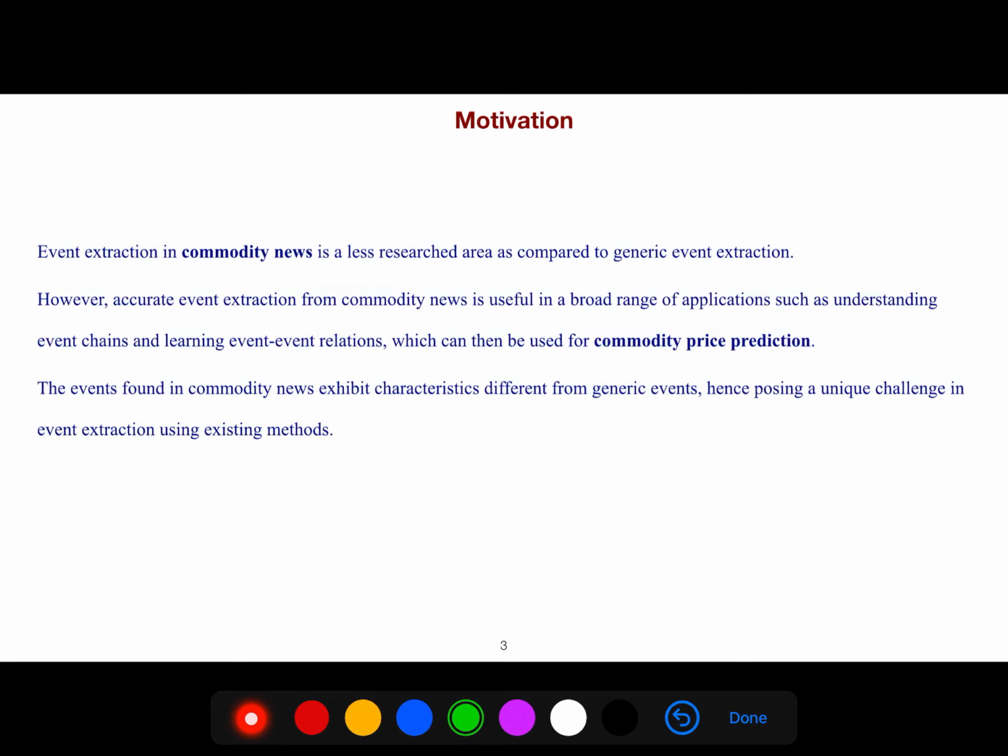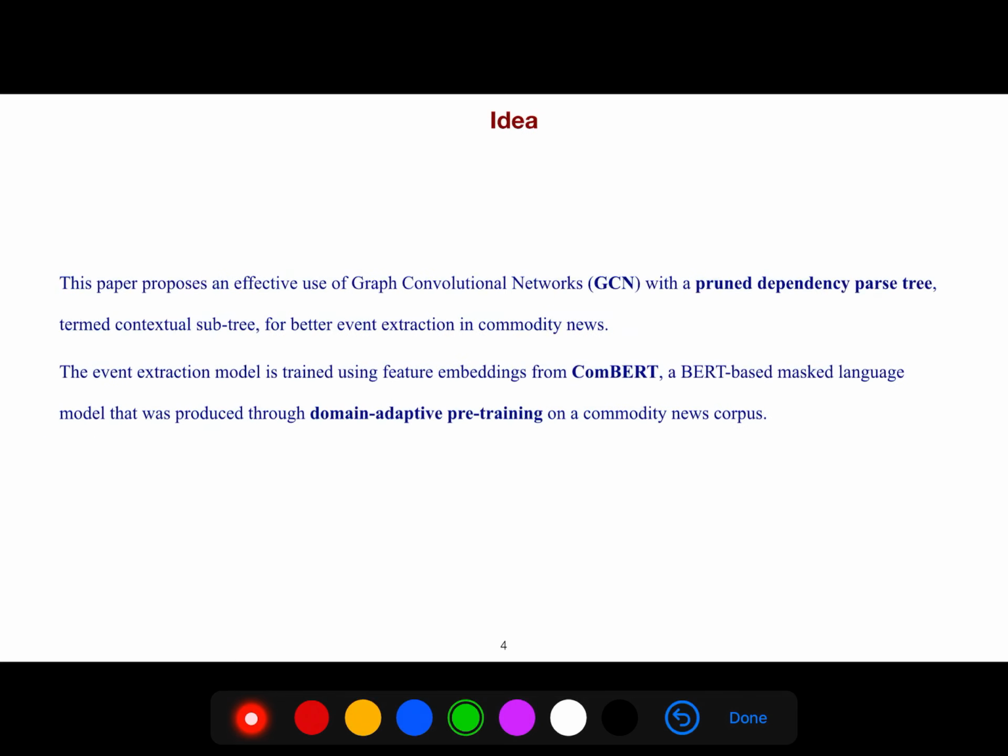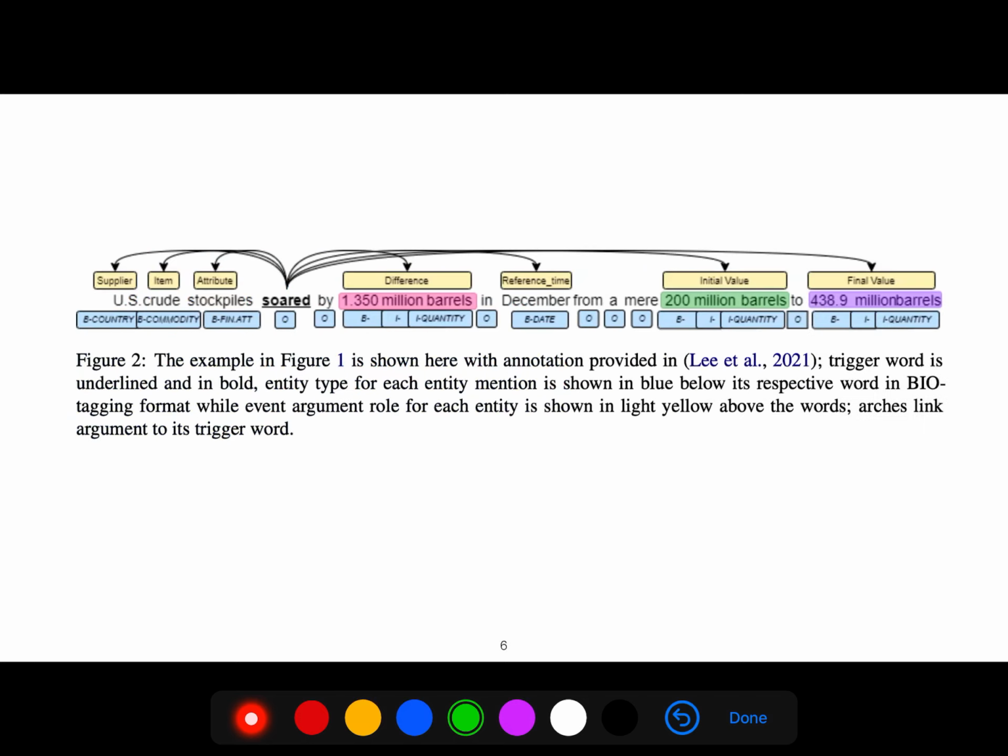The events found in commodity news exhibit characteristics different from generic events, hence posing a unique challenge in event extraction using existing methods. This paper proposes an effective use of graph convolutional networks with a pruned dependency tree termed contextualized subtree for better event extraction in commodity news.